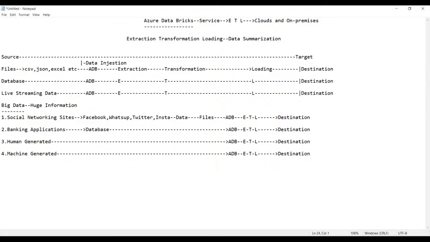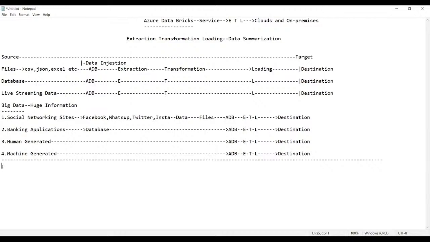After all these things are completed, we get the data from files, etc., into the ADB. From ADB, we perform extraction, transformation, and loading. Here in ADB, the data is stored in the following storages.